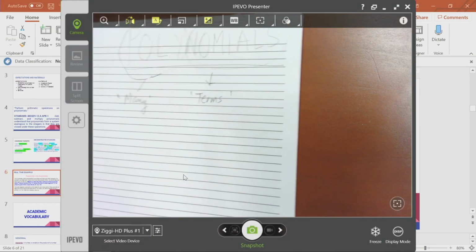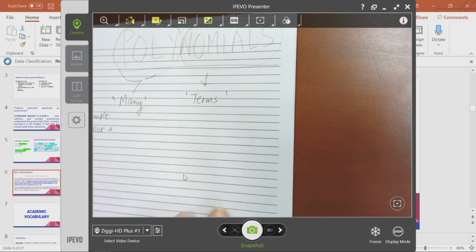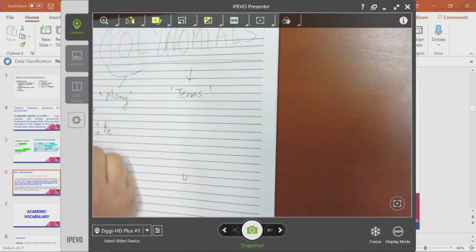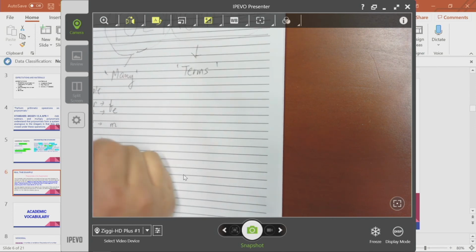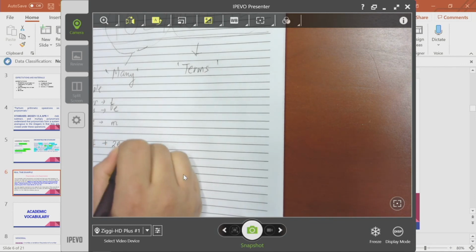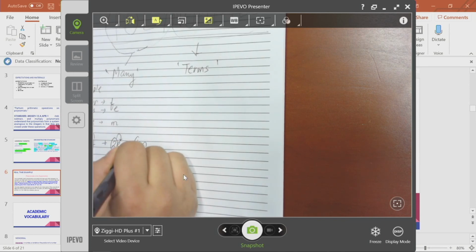For example, flour is represented by F, eggs are represented by E, and milk is represented by M. And for example, you need to find out how much 3 pounds of flour, 2 dozen eggs, and 1 gallon of milk cost.